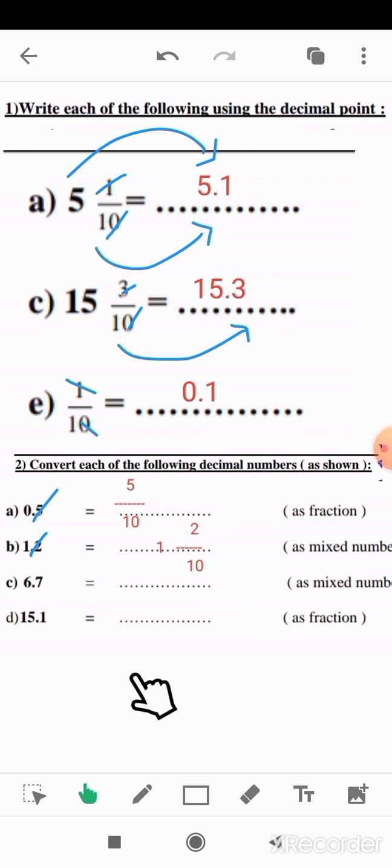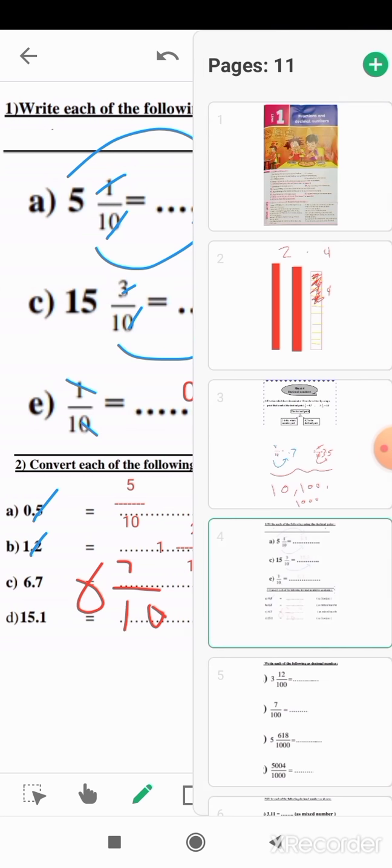And here 6.7. This is a fraction, and I have 7 here. How many numbers after the decimal point? I find one number, so I will put 10 here, and 6 will be 6. And so on.